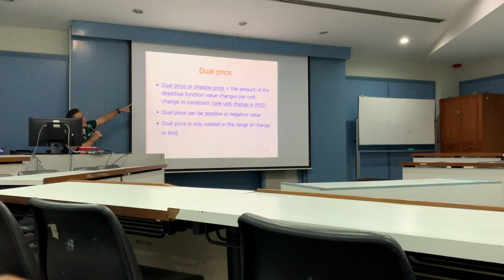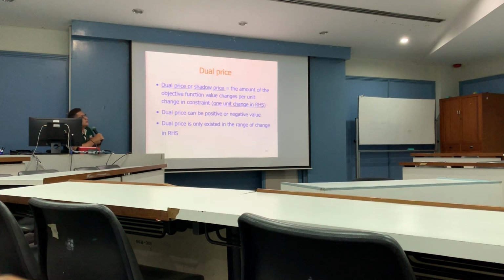Firstly, I said that the dual price is about the z value, or objective function value, that changes when you change the right-hand side of the constraint by 1 unit. I didn't say that you increase 1 unit or decrease 1 unit. So you can increase the right-hand side of the constraint 1 unit or decrease 1 unit to find the dual price. But my suggestion in our class is to increase the right-hand side of the constraint by 1 unit to find the dual price.